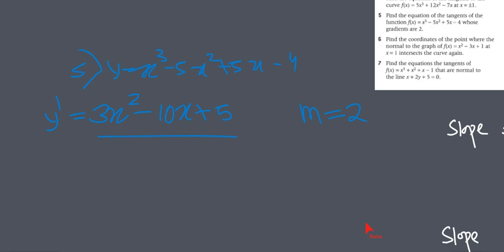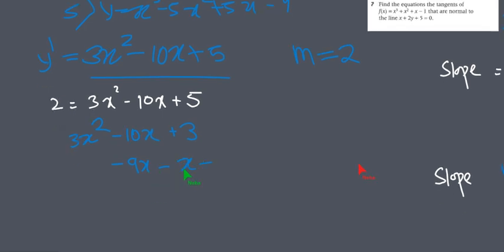So if you equate it to 2, and now you can solve this equation for x, and then you will get those points at which the gradient is 2, and for all those points you have to find the corresponding tangent equation. Please keep the equality in your mind. It will become equals to 0.